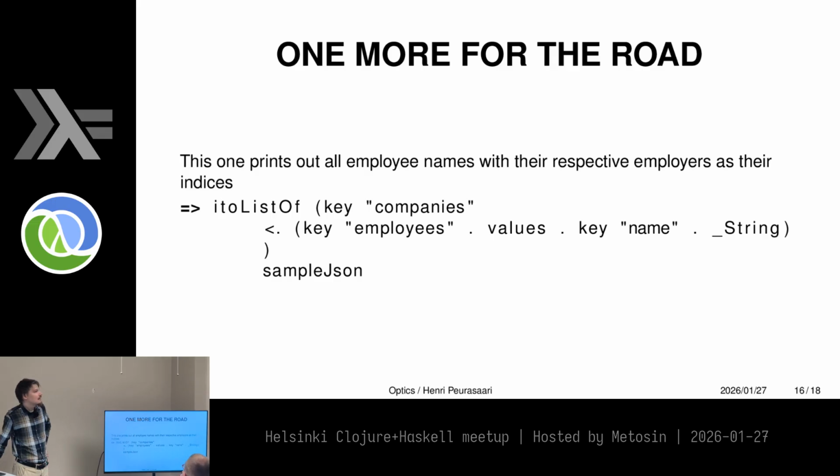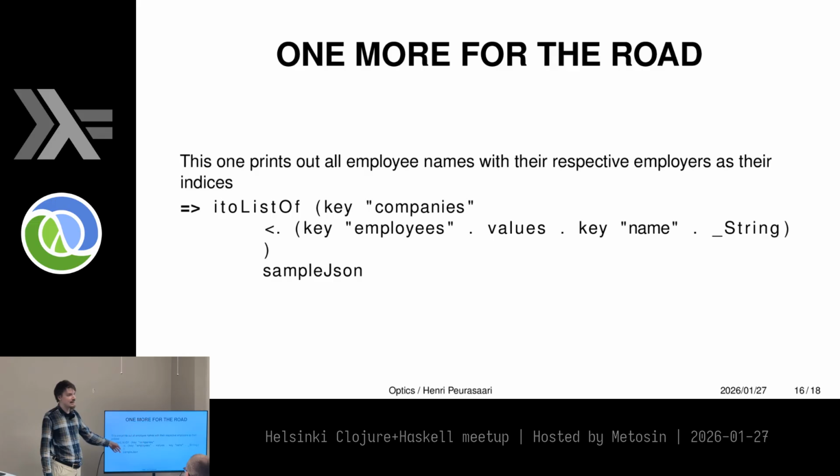And, well, we can do more. We can get indexed things out of this. Like, if we wanted to get all of the employee names with the employers who are employing them as knowledge we wanted to have, we could ask for the companies and use that as the index.